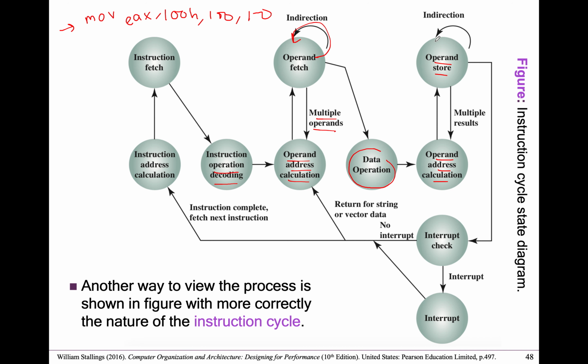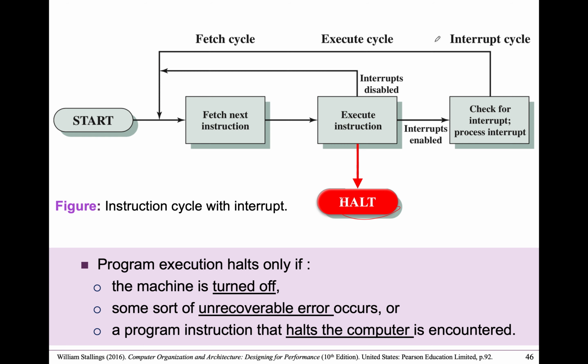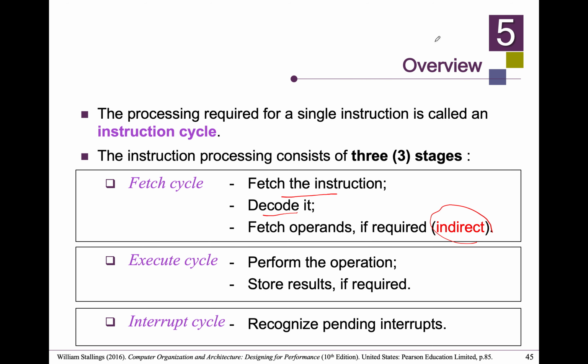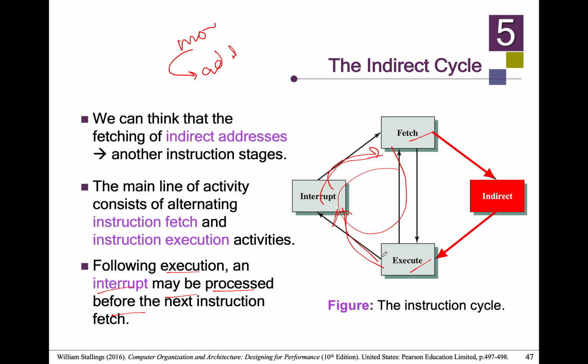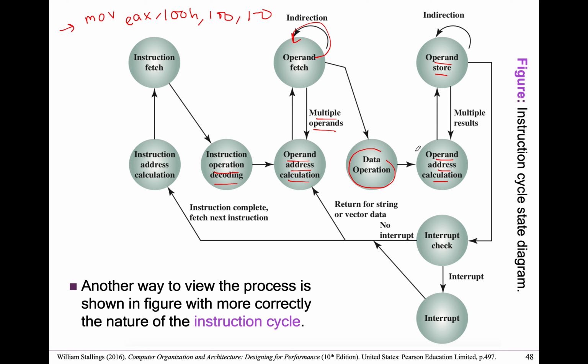Same goes here: store the result if required. This one is on the move, or your operand address over here, and you store the value if needed. You can also have multiple results later on if you have more than one operand.